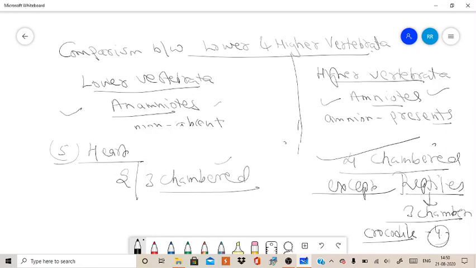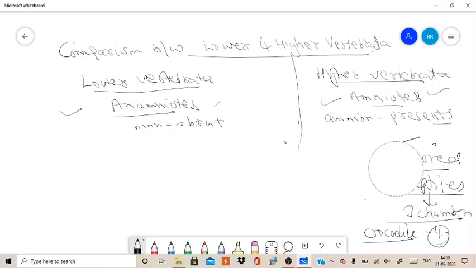So mostly a 4 chambered heart is present in amniotes, whereas it is 2 or 3 chambered in anamniotes.